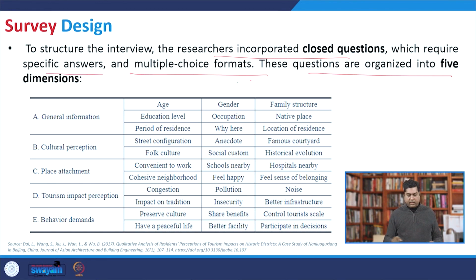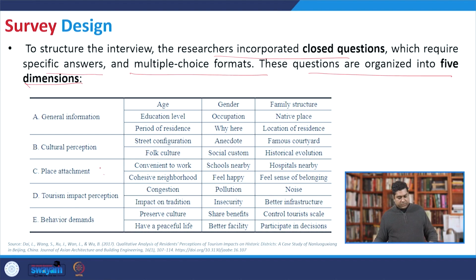These questions are organized into 5 dimensions: general information like age, education level, period of residence, for how many years they are staying in that location, then gender, occupation, and also the reason why here. Then another dimension was cultural perception, like street configuration, social custom, historical evolution. So, how they relate to that.